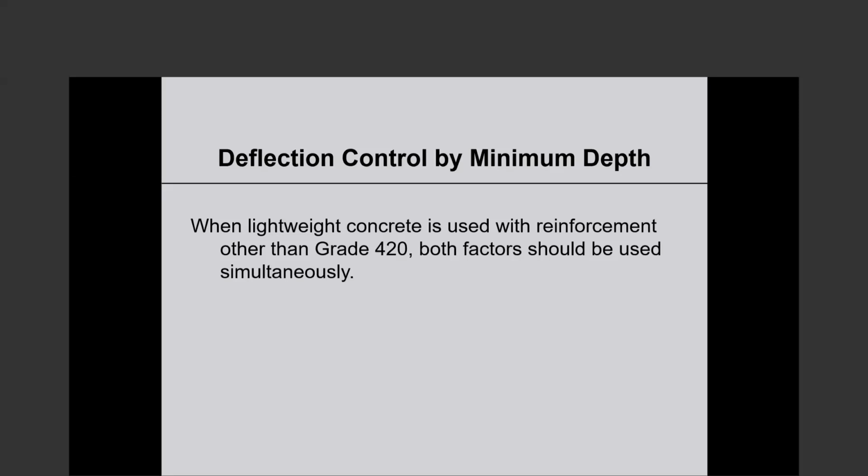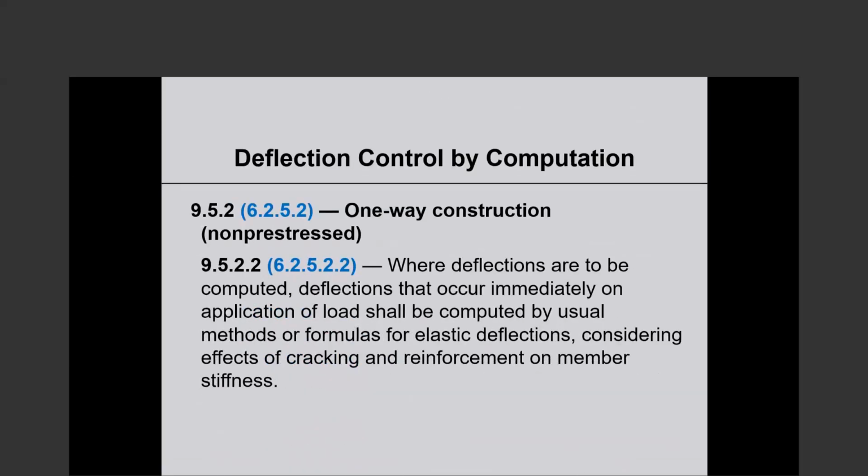If you have other than grade 420 reinforcement, there is an adjustment to the table. If you have lightweight concrete and reinforcement with a yield strength other than 420 MPa, then there are two modifications, both to be applied. So this is deflection control by providing minimum depth.